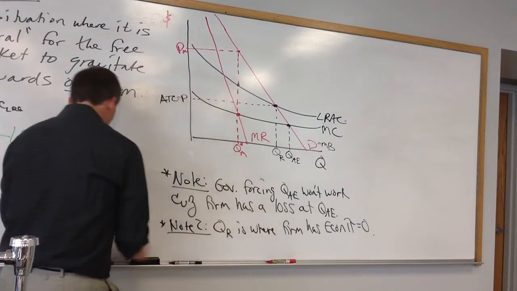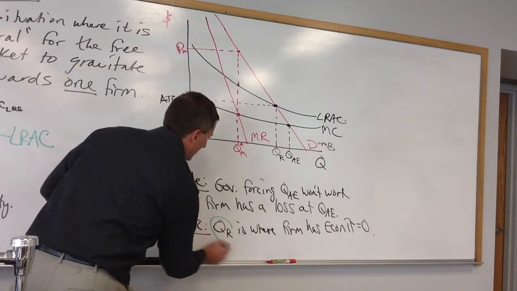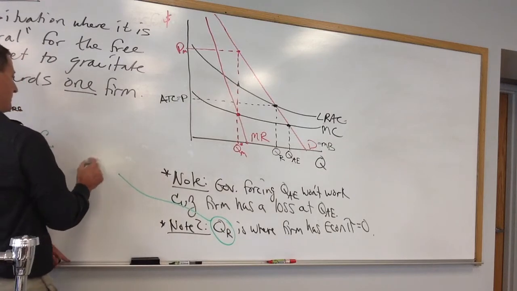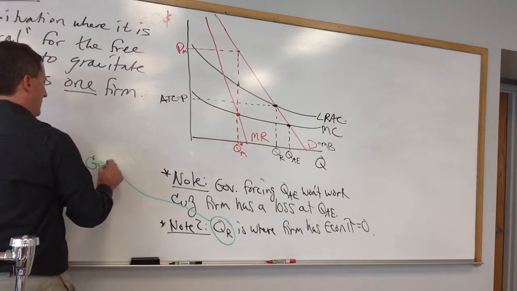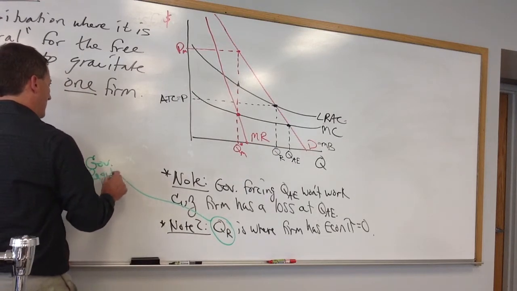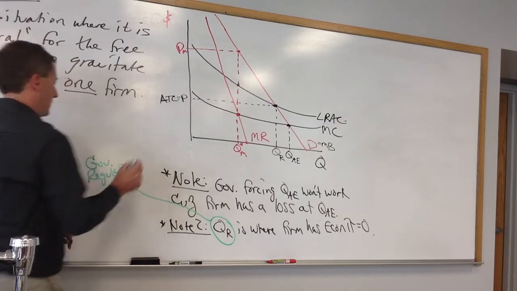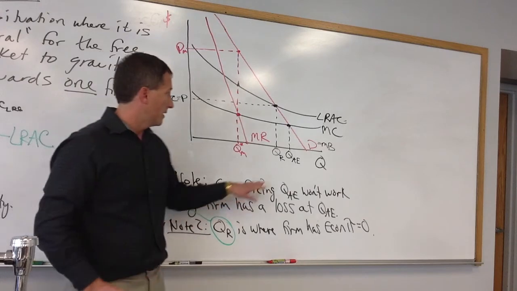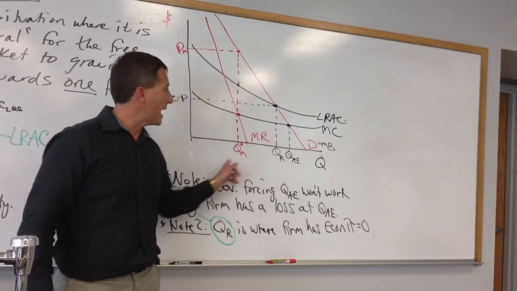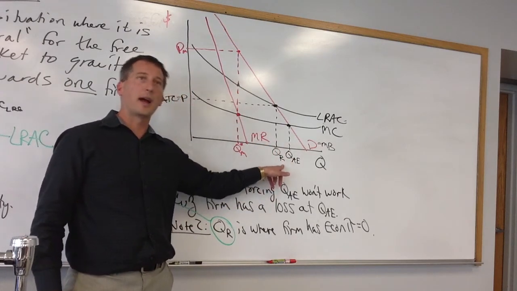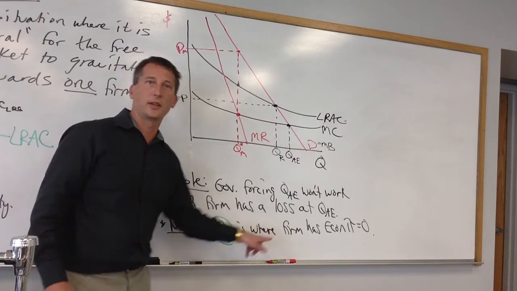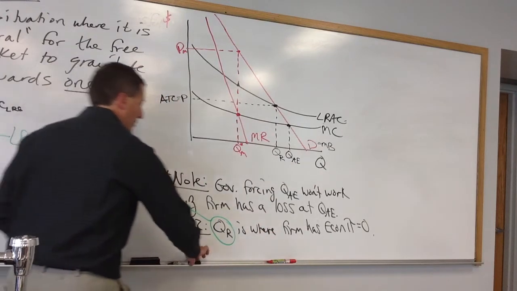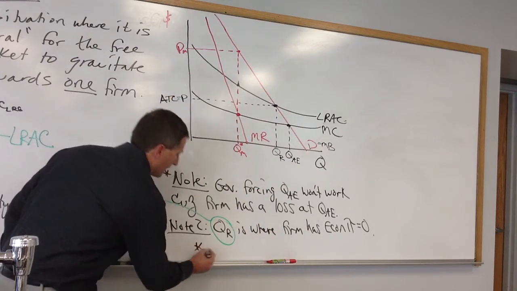So QR is the government regulated quantity. Now, the regulation is not to produce QR, but rather to have zero profit. So the regulation is really a zero profit policy.